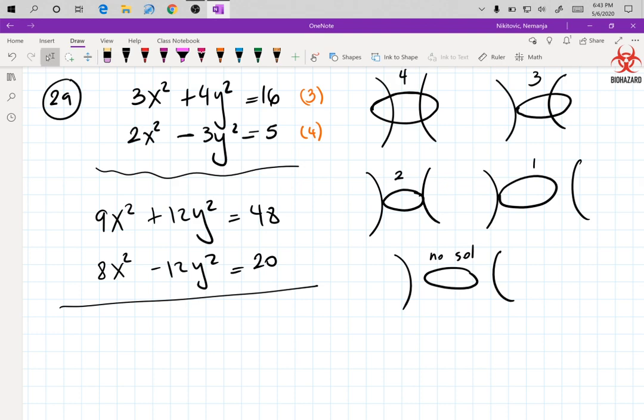When I add these 2 equations, I get 17x squared equals 68.